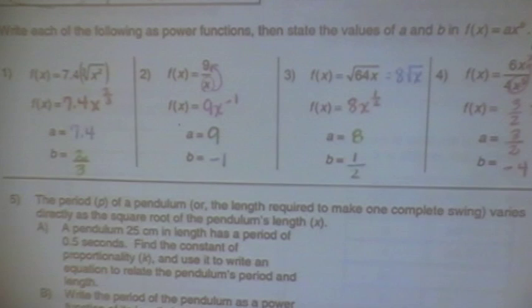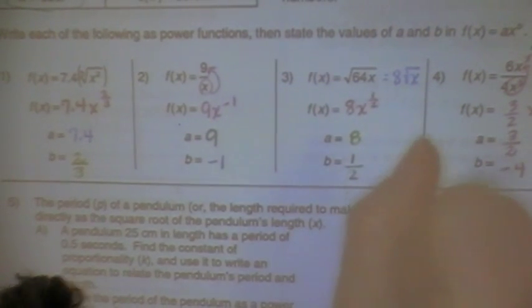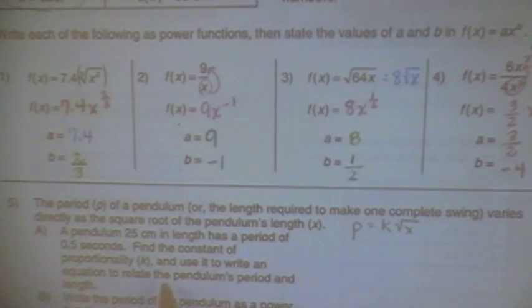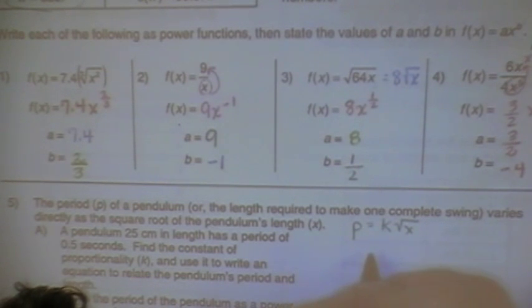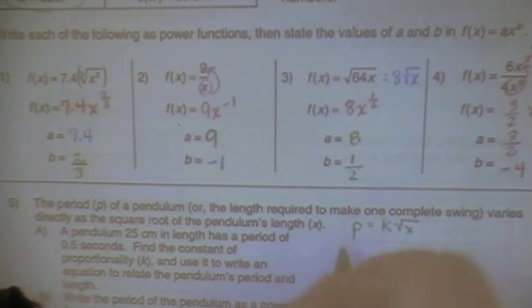So we just change this. This is going to be P equals K square root x. So you just change it to P equals K times x to the 1/2. Well, we can actually find our K, because they gave me my P. So the length is 25, and 0.5 is the period.